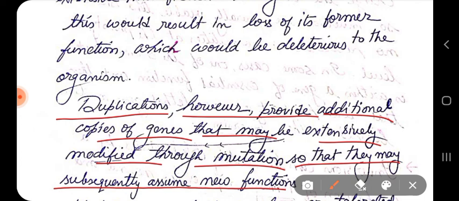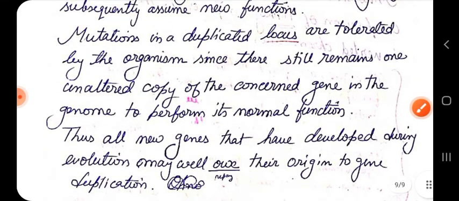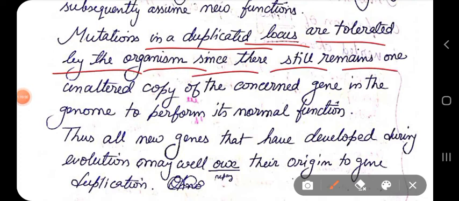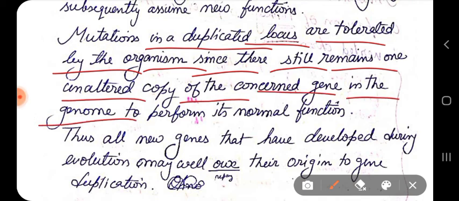Sometimes the consequences are not so drastic. For example, the bar eye phenotype is not so drastic. It is only the reduction in the number of facets that leads to reduction in the eye color. Mutation in the duplicated locus can be tolerated by the organism since there remains one unaltered copy of the concerned gene in the genome. So if the duplicated region is mutated, what's the problem?